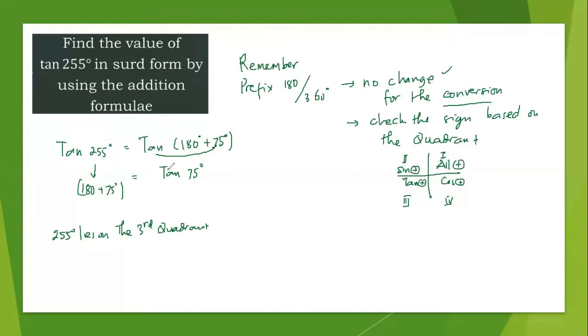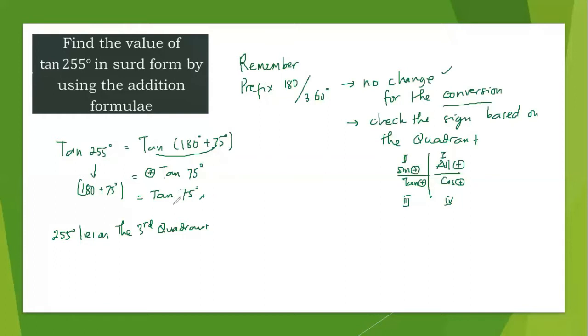Tangent. So it will be positive. So tangent 255 means tangent 75 degrees.